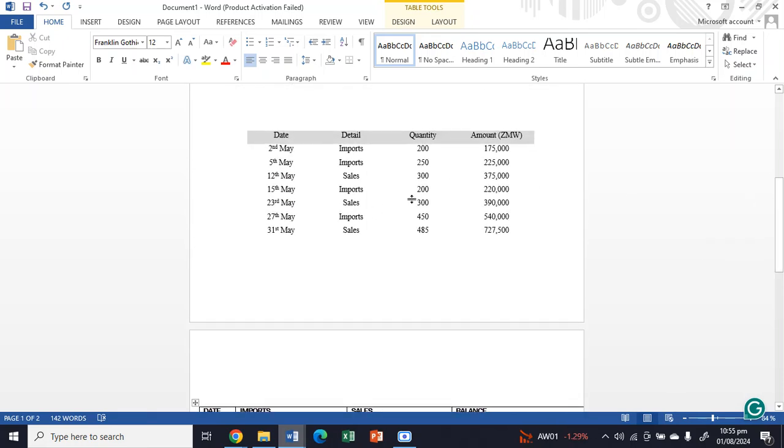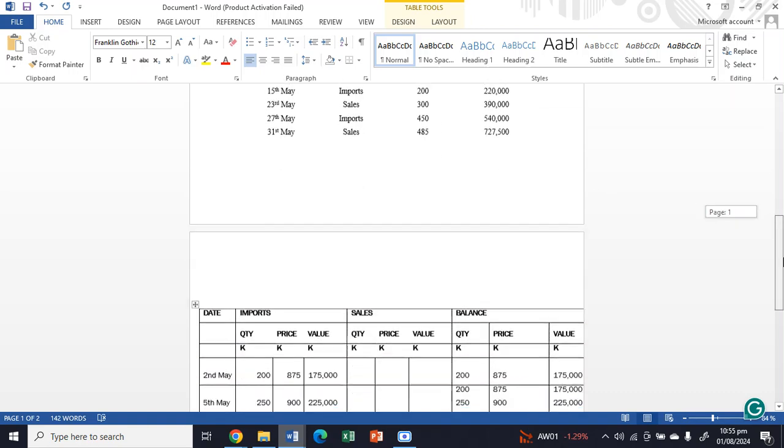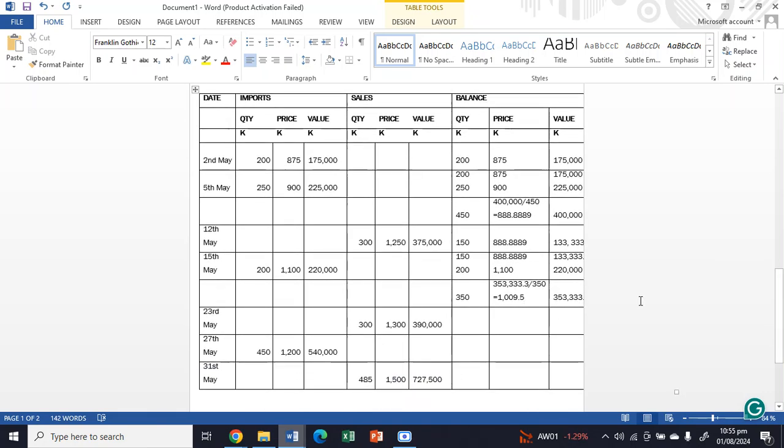23rd May, sold 300 goods. We made 390,000. So each good was sold for 1,300 kwacha.